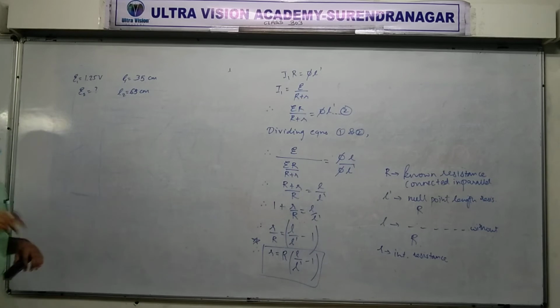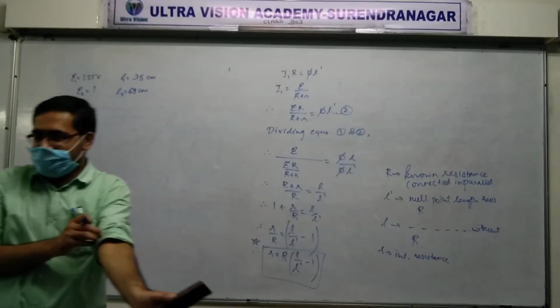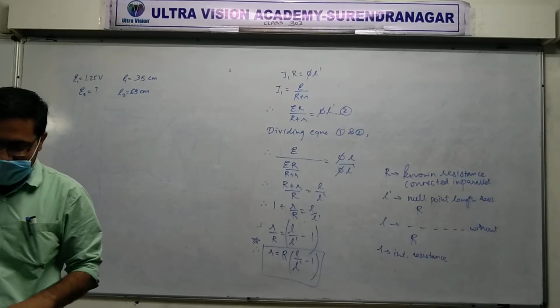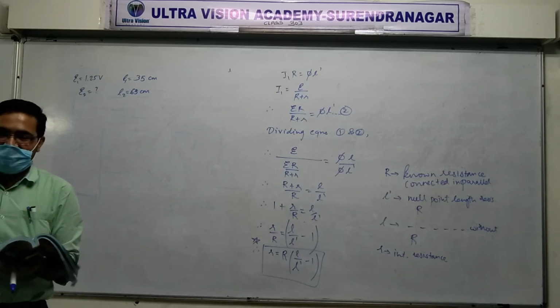Is this a question of internal resistance? No, it is EMF. Clear? So what do we do? Epsilon 1 upon epsilon 2 equals the ratio of lengths. I don't need to go further. Okay, let's go to the additional question.